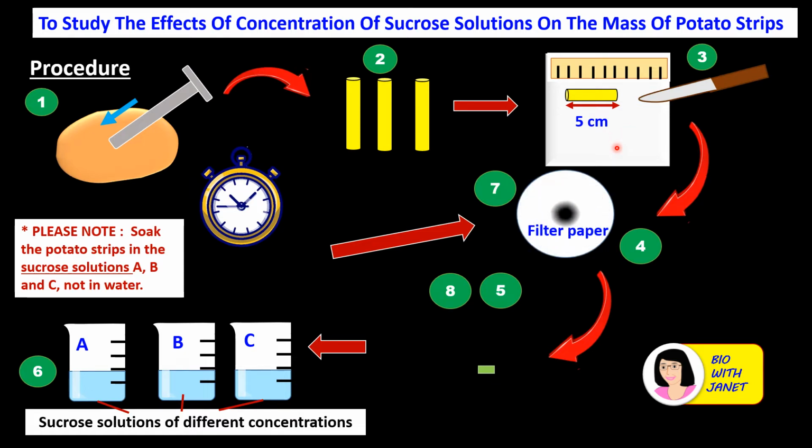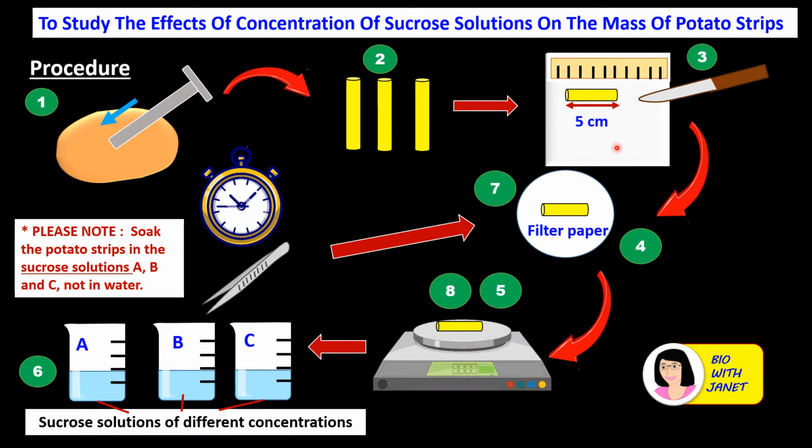Next, we place each potato strip on a filter paper and dry it. After that, we place the potato strip on the electronic weighing scale or electronic balance and weigh it to obtain the initial mass of each potato strip. Next, each potato strip is put into a sucrose solution.